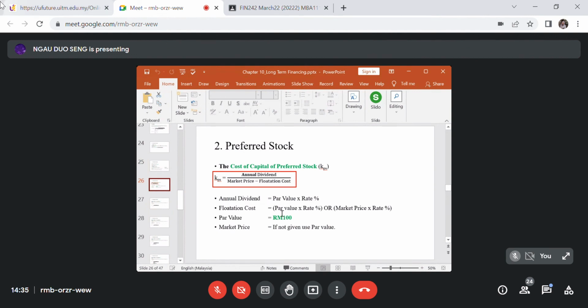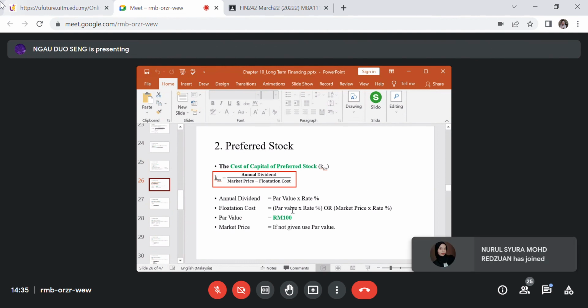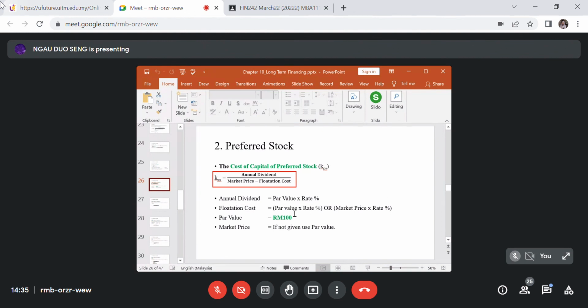Flotation cost sama, par value multiply rate atau market price depend on the question. Either par value atau market price multiply the percentage. So par value adalah 100 if the question never mentioned. Market price, if not given, use par value. You can see dalam formula dia adalah guna market price. So kalau question dia tak bagi market price, kita guna par value.